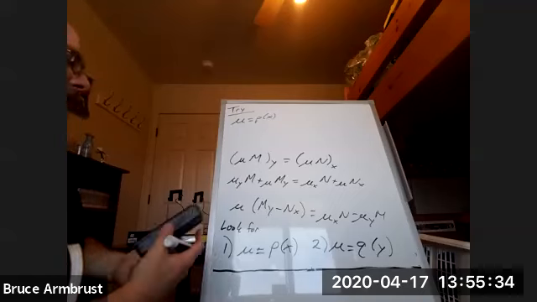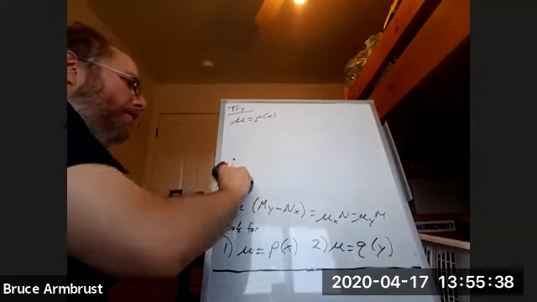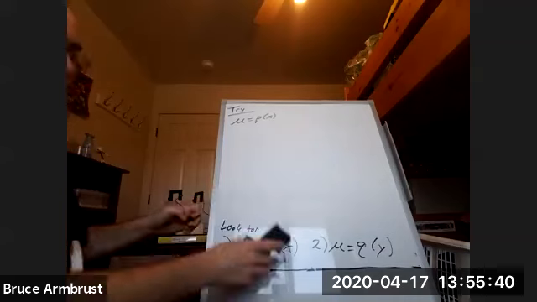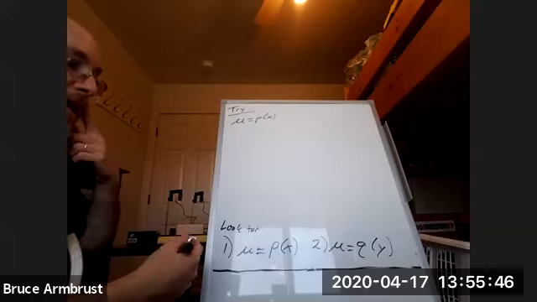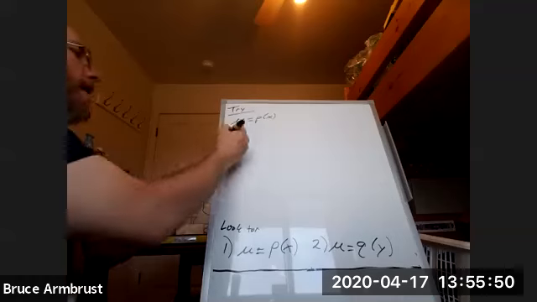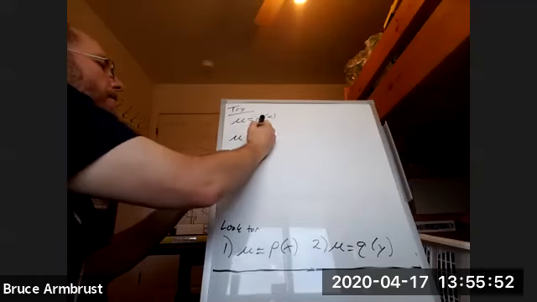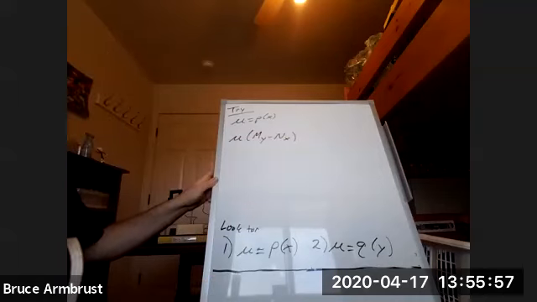Let's see what has to happen with this mu. If we go back to that mu times my minus nx, we had mu times my minus nx.